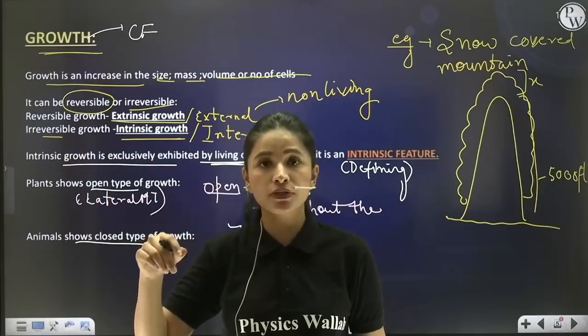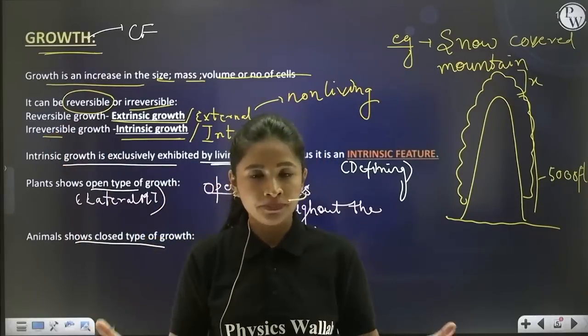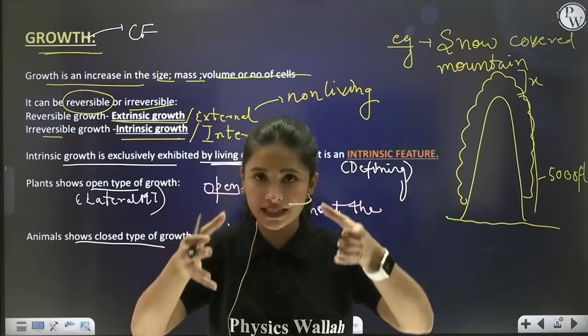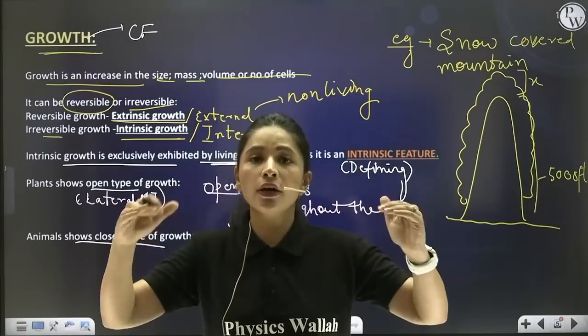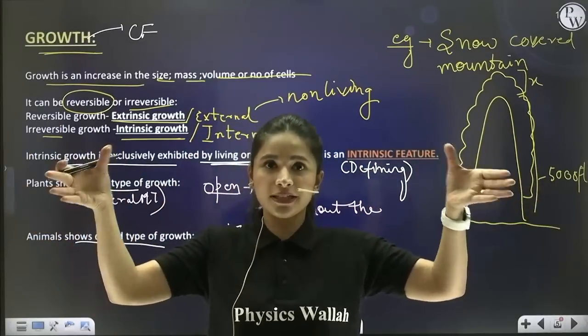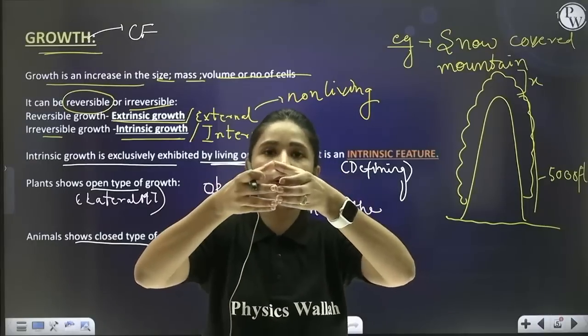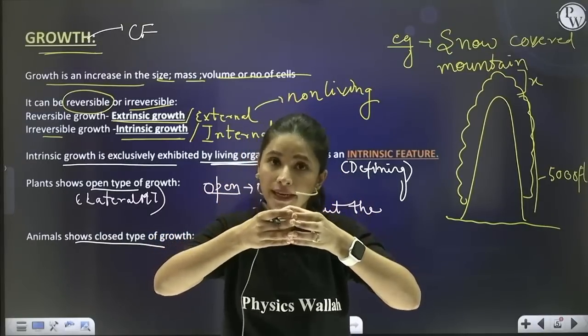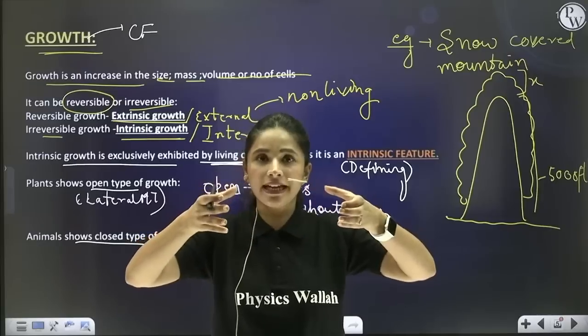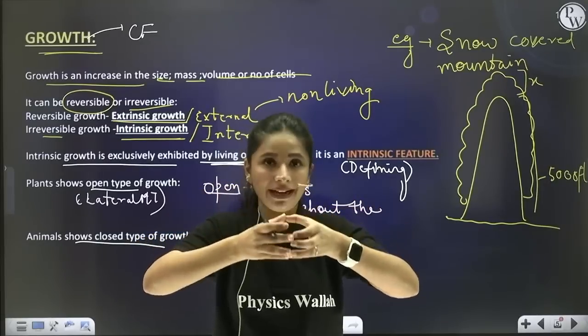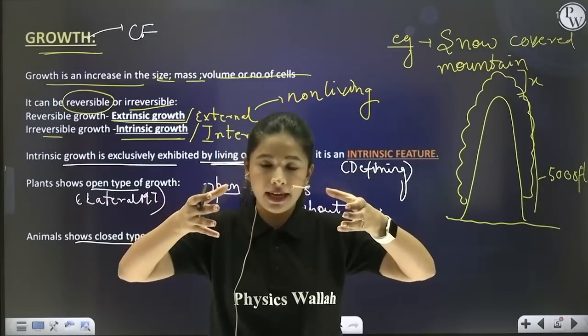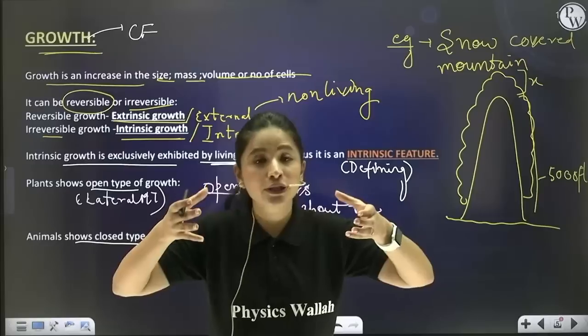You must have observed, have you seen a mango tree? In mango tree, the thickness of its stem and roots keeps on increasing every year. Suppose in 10 years, the stem of the mango tree was this much. After 20 years, if you go and observe, the thickness is not going to remain the same. Rather, it is going to increase. After 30 years, it is not going to remain the same.